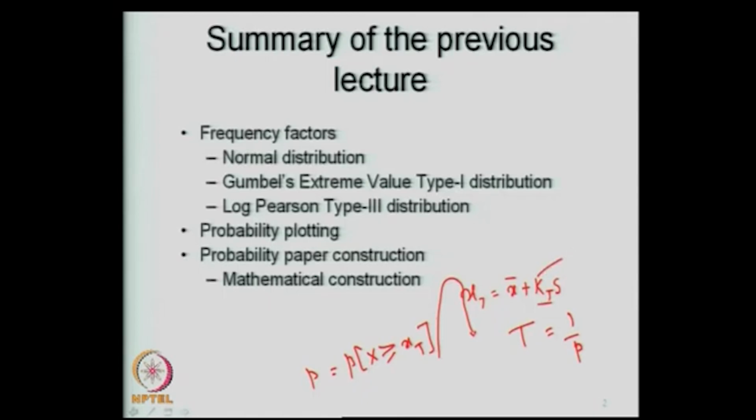And we discussed the K_T, which is the frequency factor corresponding to the normal distribution, which, as I said, is the standard normal deviate Z itself. And then for the Gumbel's extreme value type 1 distribution as well as the log Pearson type 3 distribution, I have given you the formula for obtaining the K_T, the frequency factor.